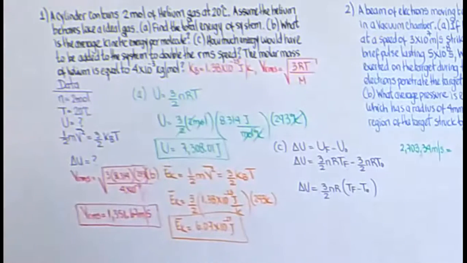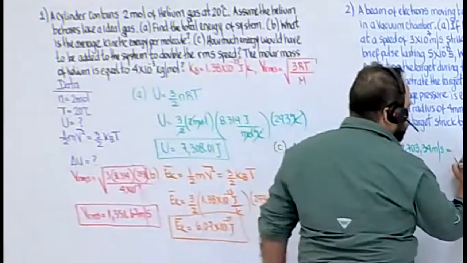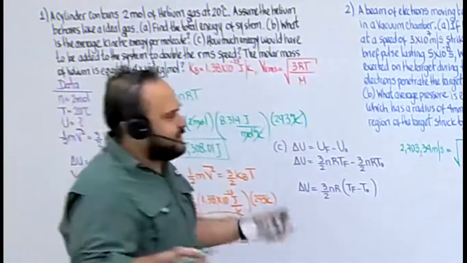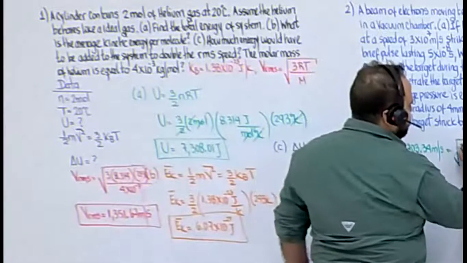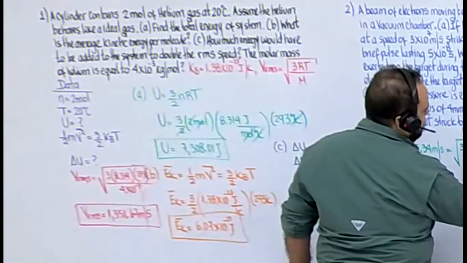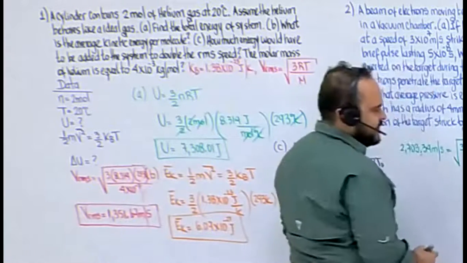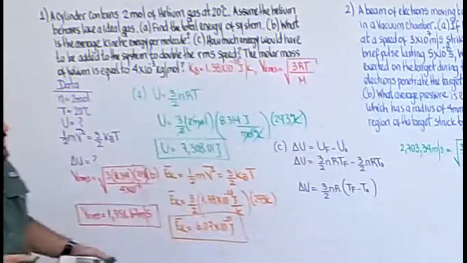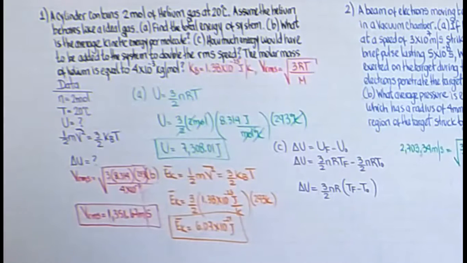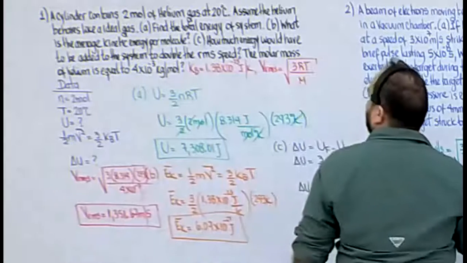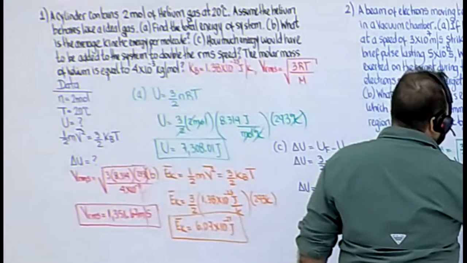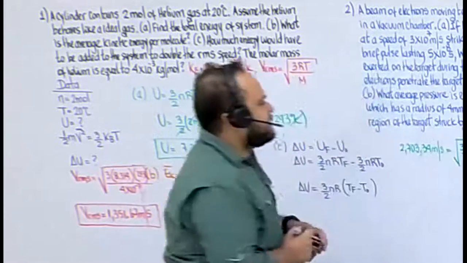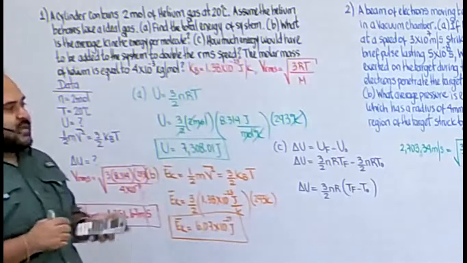And this new speed will be equal to the square root of the entire expression, leaving the temperature unknown because we don't know it: 3 times 8.314 joules per mole Kelvin, times the final temperature, the new temperature, divided by the molecular mass, 4 times 10 to the negative third power kilograms per mole.